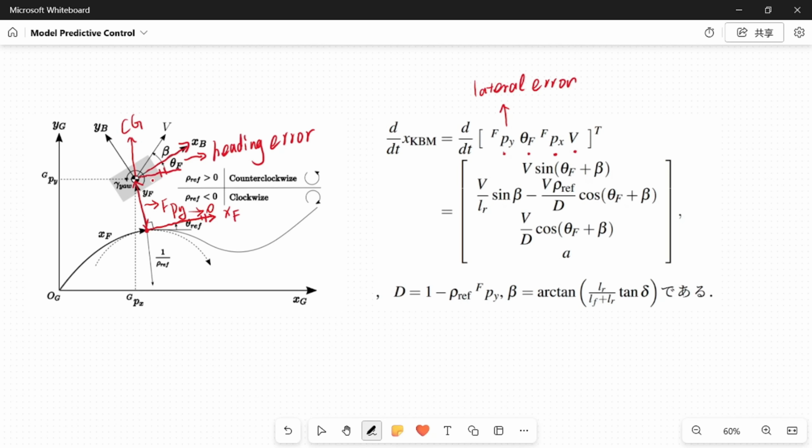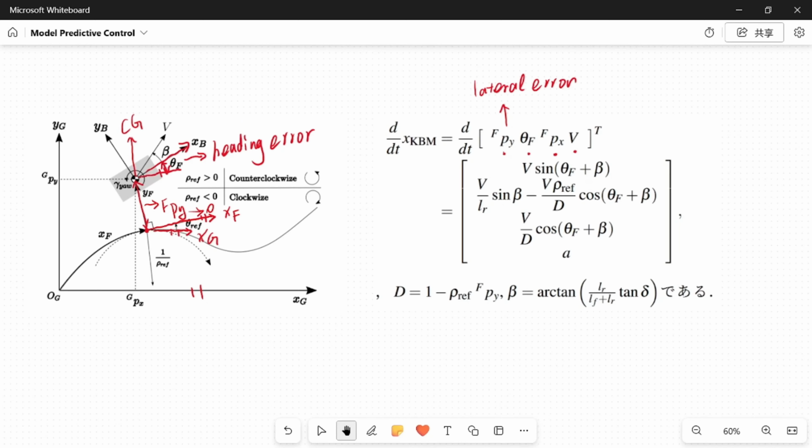So, state F between these 2 lines is the heading error. Controlling state F ensures the front of the vehicle always follows the direction of the road. By the way, state REF. This line is parallel with XG in the global coordinate system. So theta REF is between XF and XG.